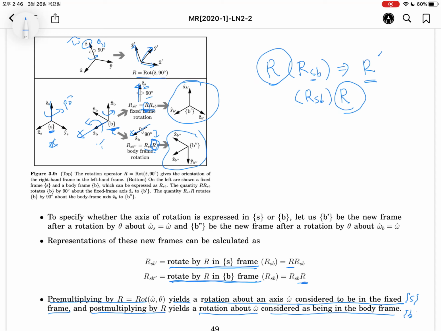It means B. Okay, you should memorize, you should keep in mind the pre-multiplication and the post-multiplication. Pre-multiplication is about the space frame. The post-multiplication is about the body frame. Okay?